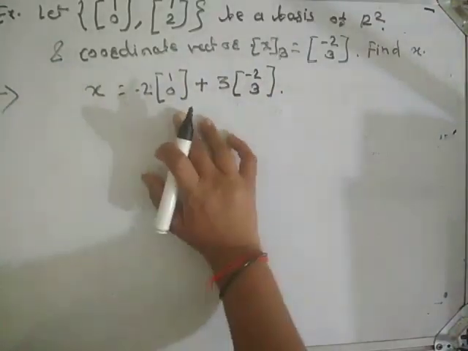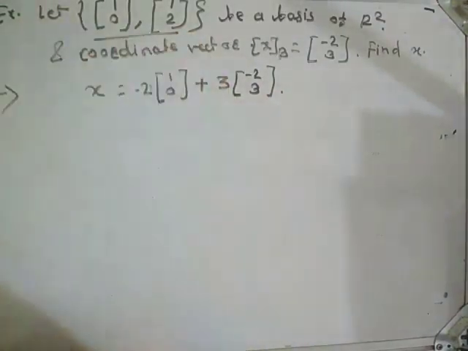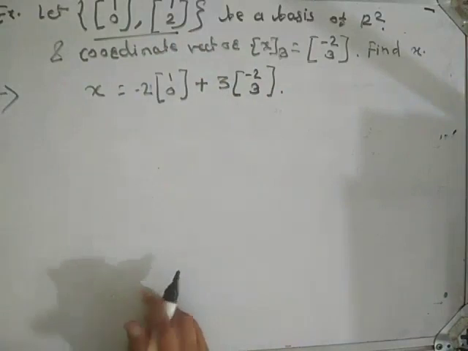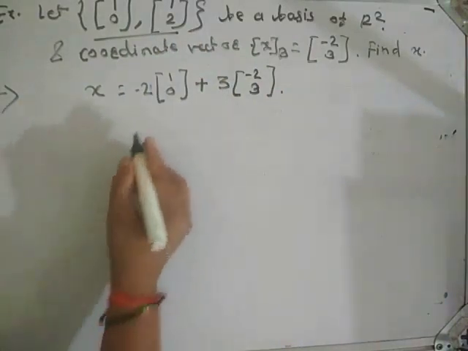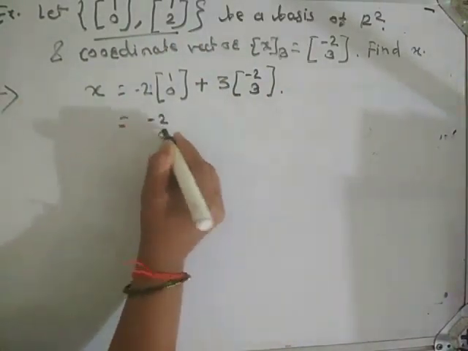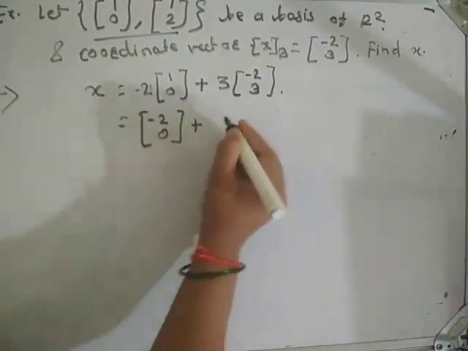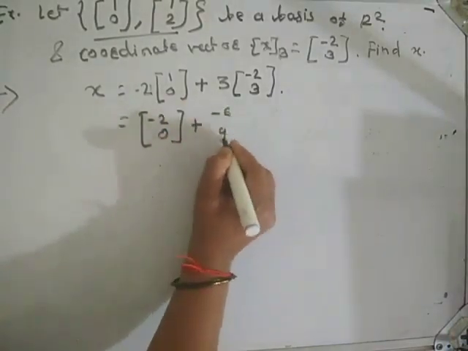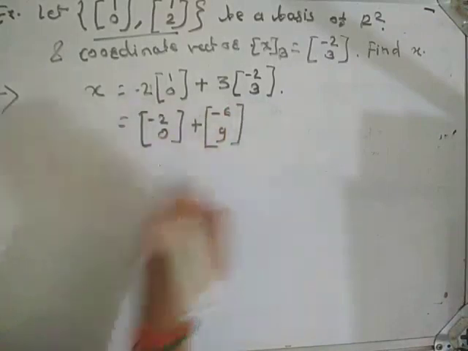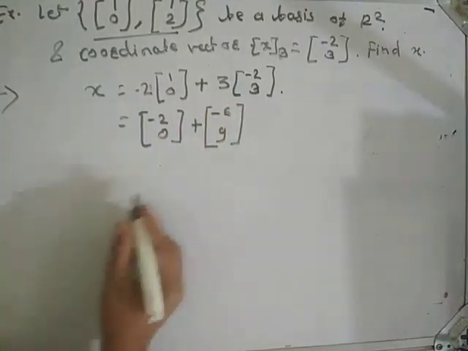X can be written as a linear combination of these vectors. Now solve this.